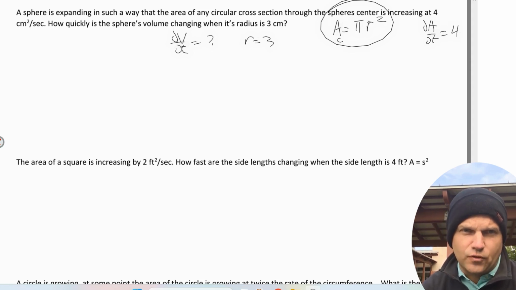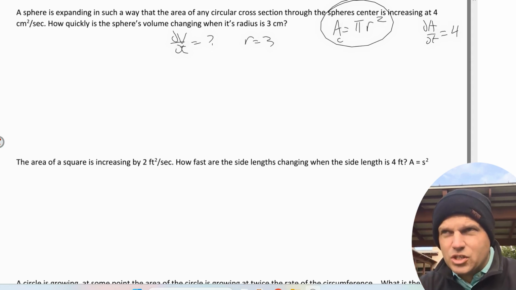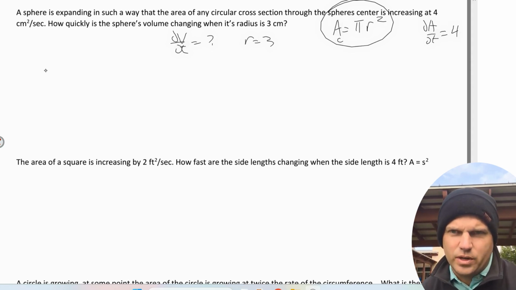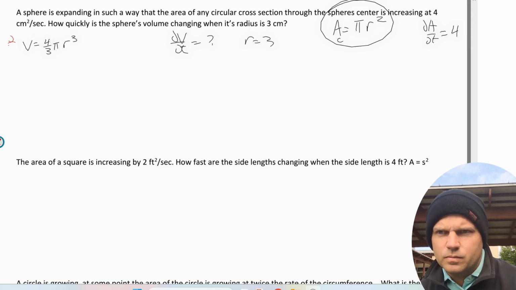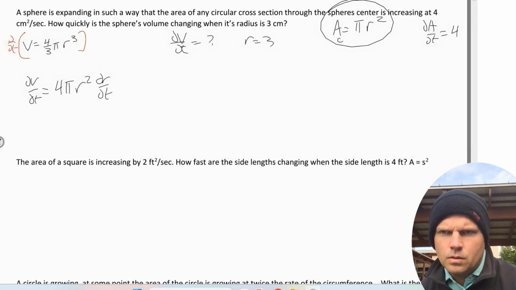But you're not using the surface area, you're using a circular cross section, pi r squared. So again, we're using the volume of a sphere. R is 3.